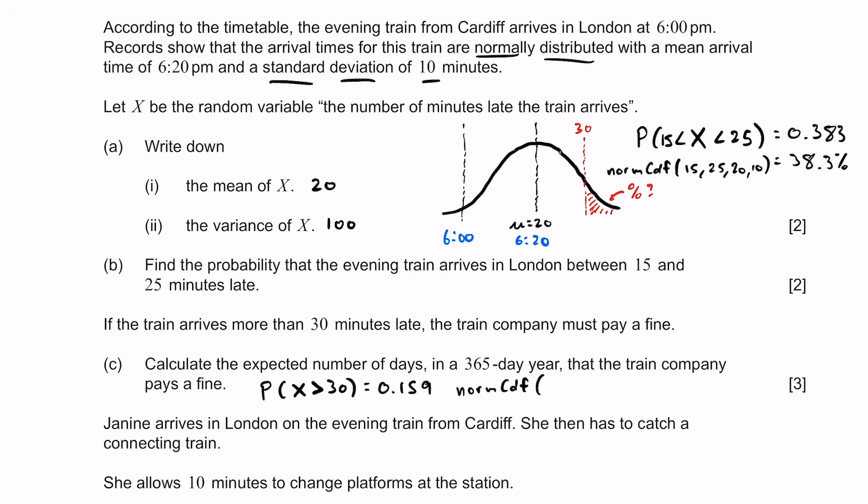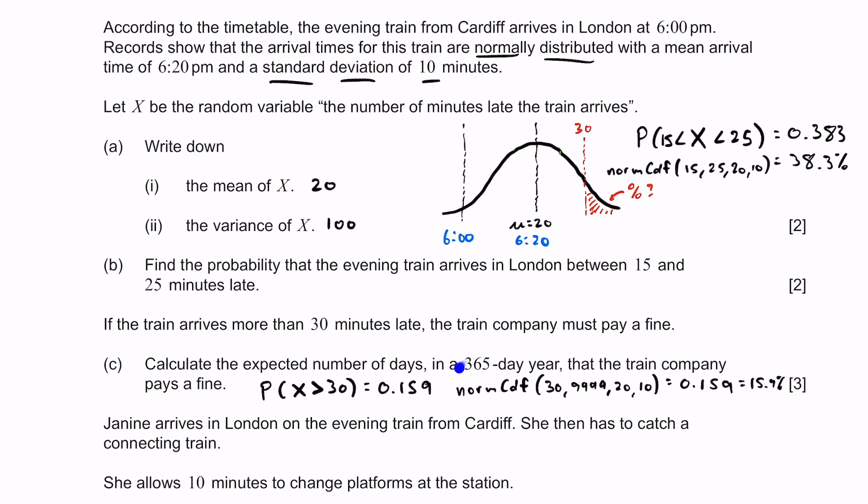You could write norm CDF, lower bound, upper bound, mean, standard deviation, and then once again, this is 0.159. As a percent, 15.9%. But we're not done yet. 15.9% of the time, this train is arriving late.